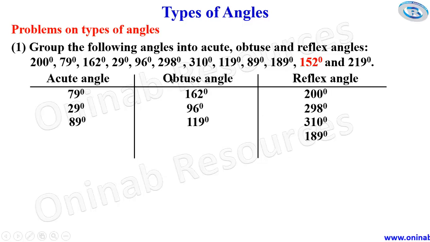It is obviously going to be an obtuse angle since it is greater than 90 degrees but less than 180 degrees. So we register it as obtuse angle. And finally, we have 219 degrees. 219 degrees is greater than 180 but less than 360. Therefore, it is a reflex angle. And that's the end of the solution to problem 1.